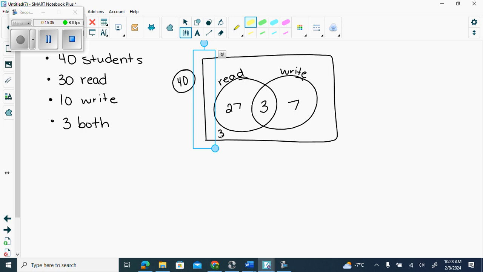What's one more? How many don't write? We could ask that. And then it would be here, those people who read, right? What's another one? How many students in total? We have 40. But you're getting close to where I'm going. Very close. How many students read and write? Read and write we already have. You're so close. Read or write? The snowman. I didn't ask the snowman, did I? Could I ask the snowman now?